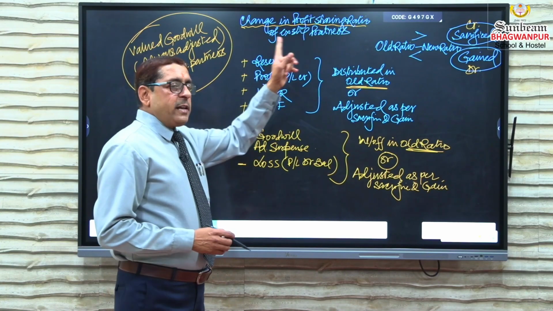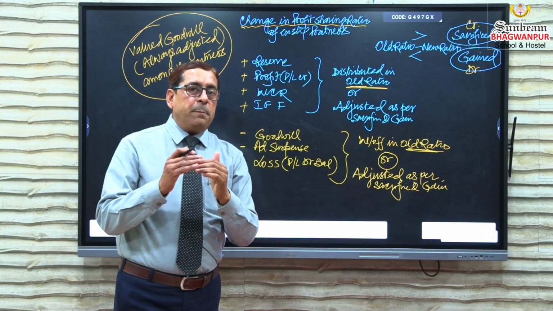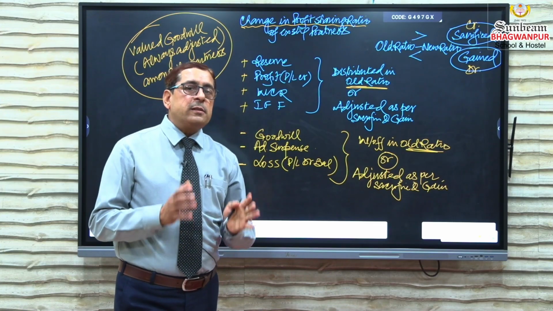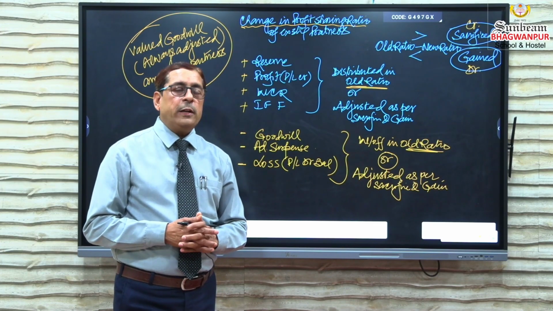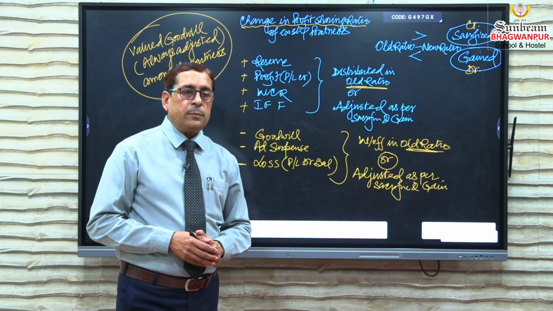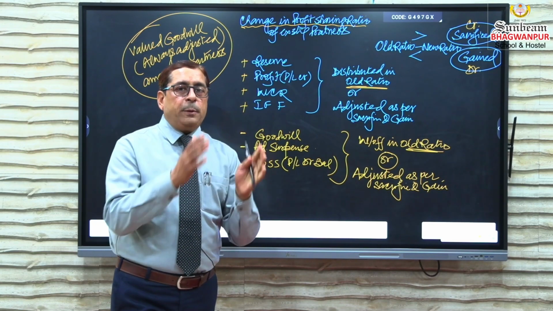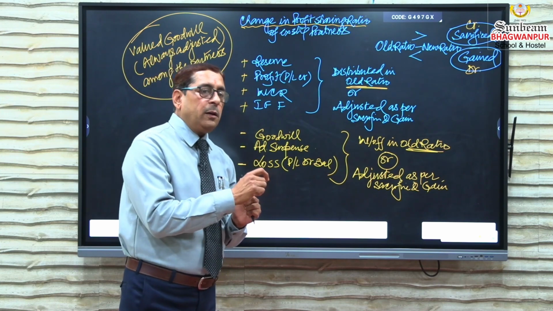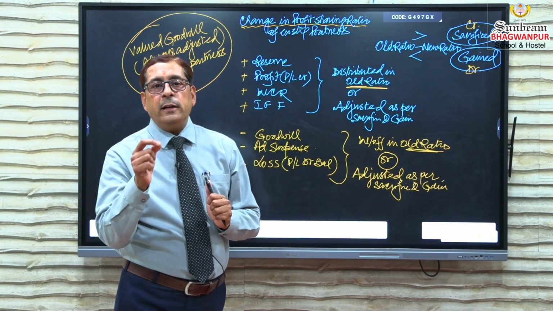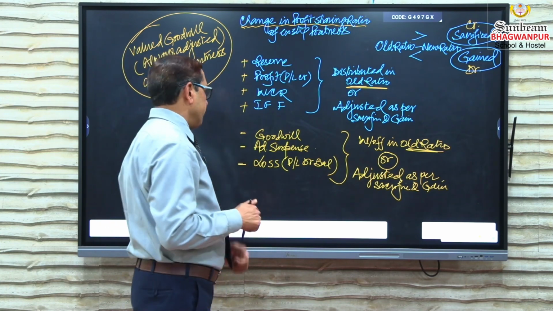They are going to change their profit sharing ratio, and at that time they are preparing the revaluation account. We have discussed how to prepare revaluation account when I taught this in the class. So when you are preparing revaluation account, either you will get profit on revaluation or you will get loss on revaluation.